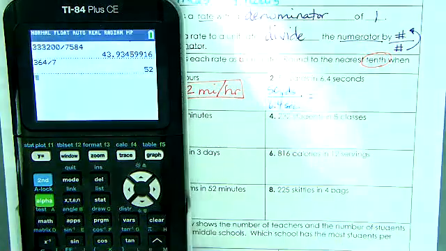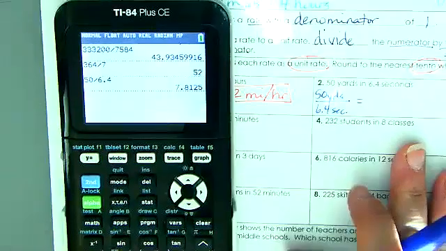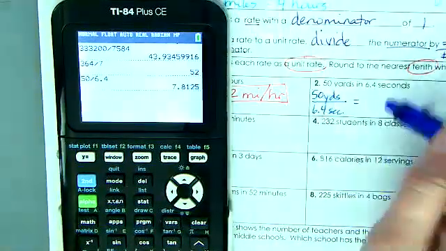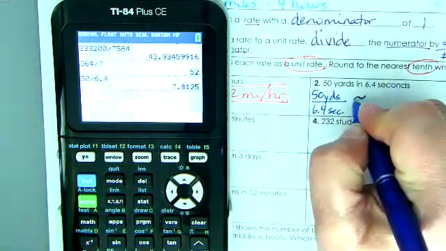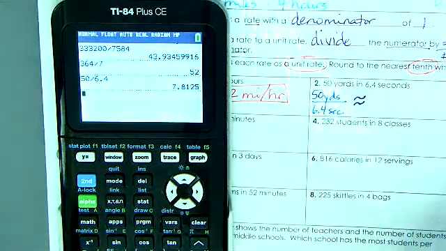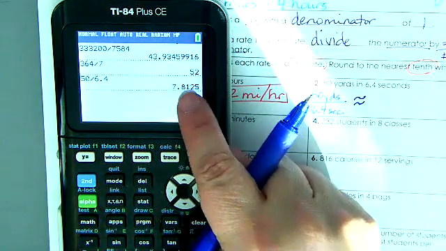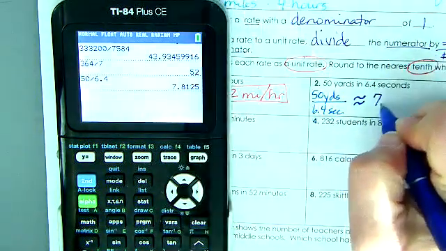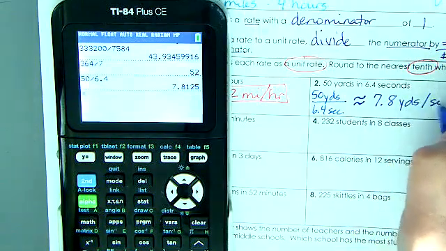Here, if I do 50 divided by 6.4, we're going to be rounding. That means instead of using the equal sign, I'm going to use the wavy sign because that means I'm approximating. It's approximately, and I'm rounding to the tenth place. So the 1 behind the 8 tells me I keep it as the 8. So 7.8 yards per second.